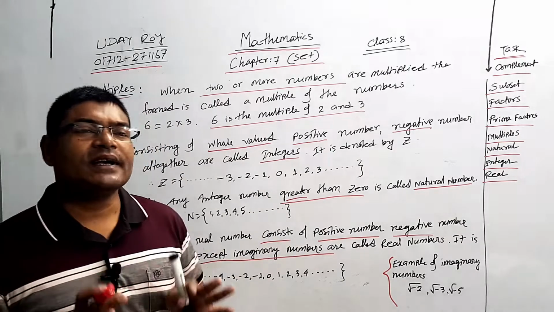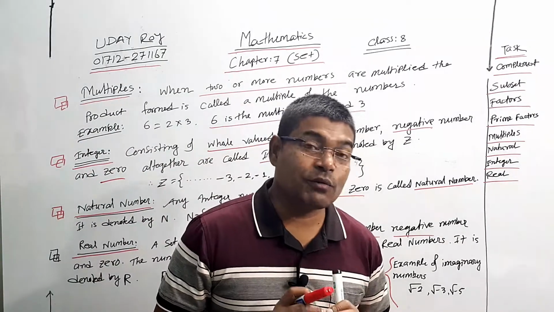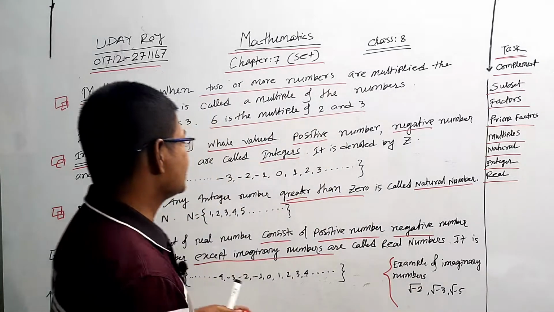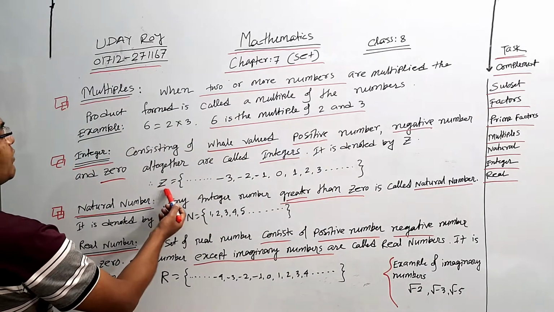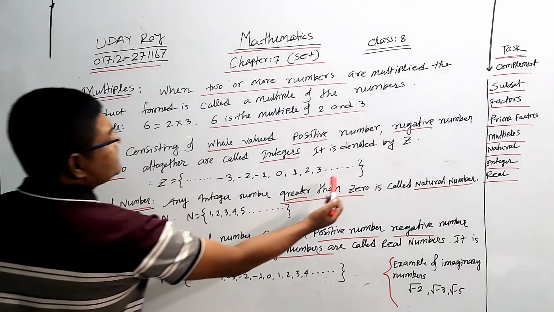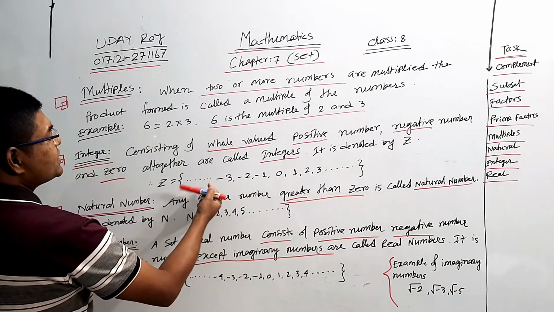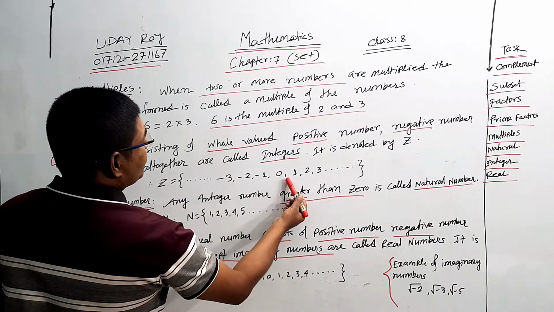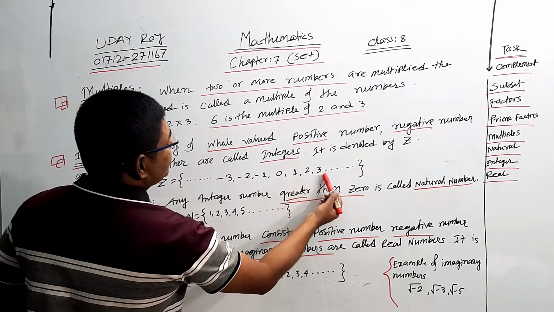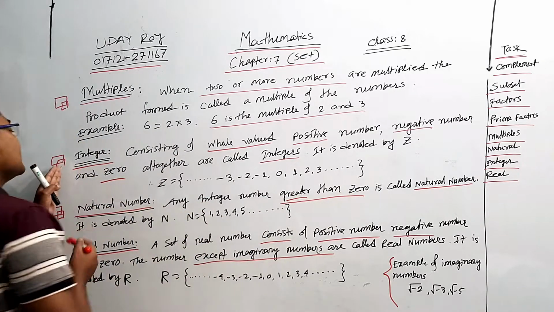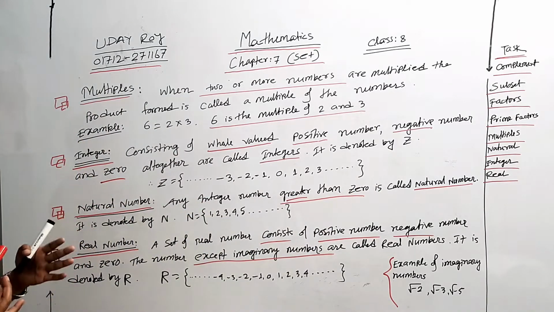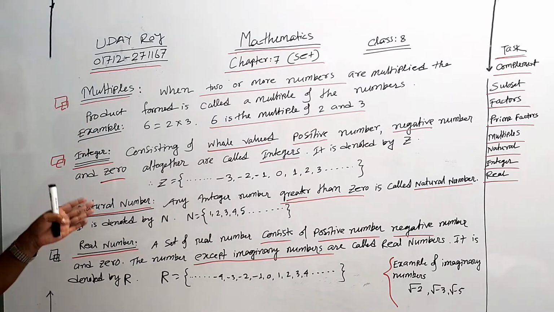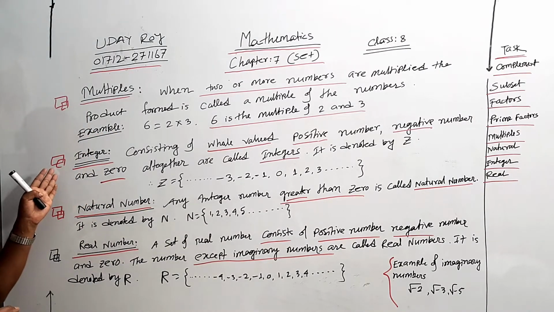Integer number is denoted by Z. So you can say Z equals, up to infinity, minus 3, minus 2, minus 1, 0, 1, 2, 3, dot dot up to infinity. This is the integer. When you solve the maths, you will see integer numbers, so we have to know what an integer number is.